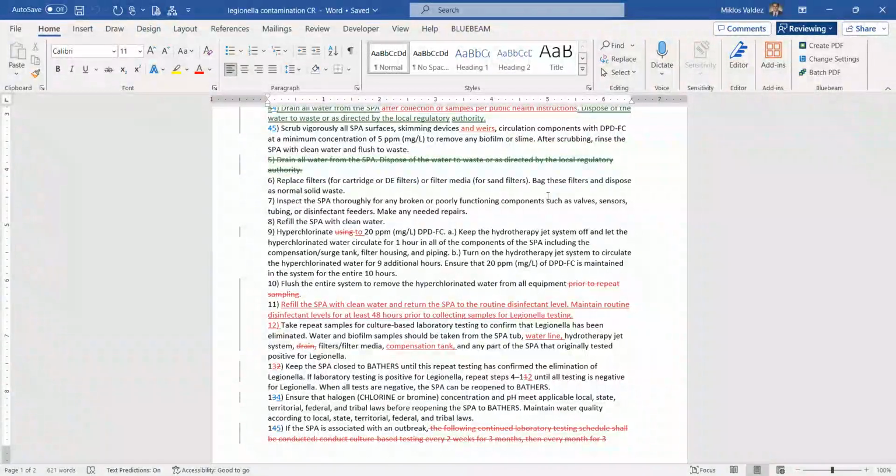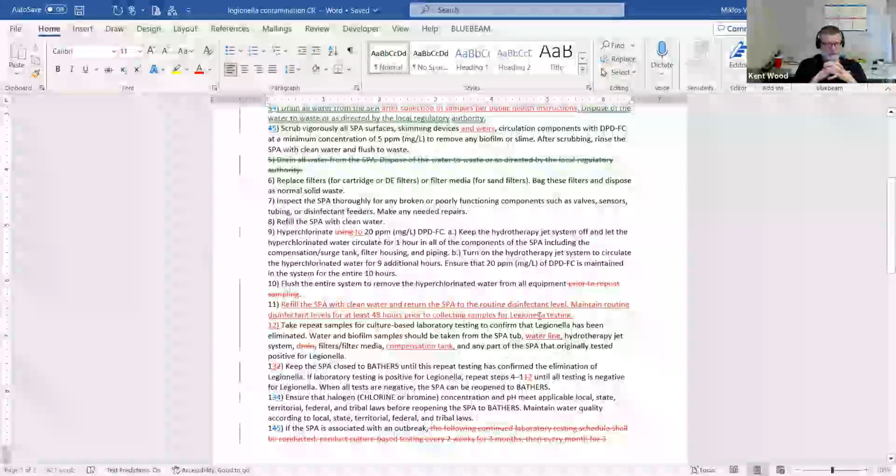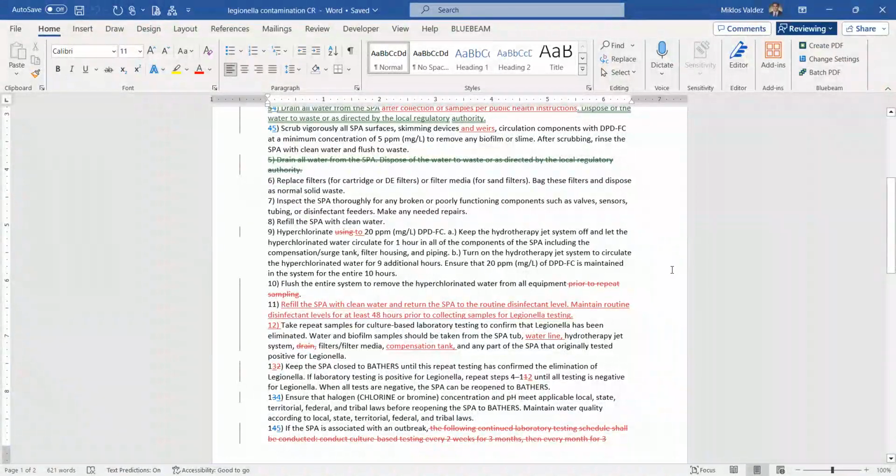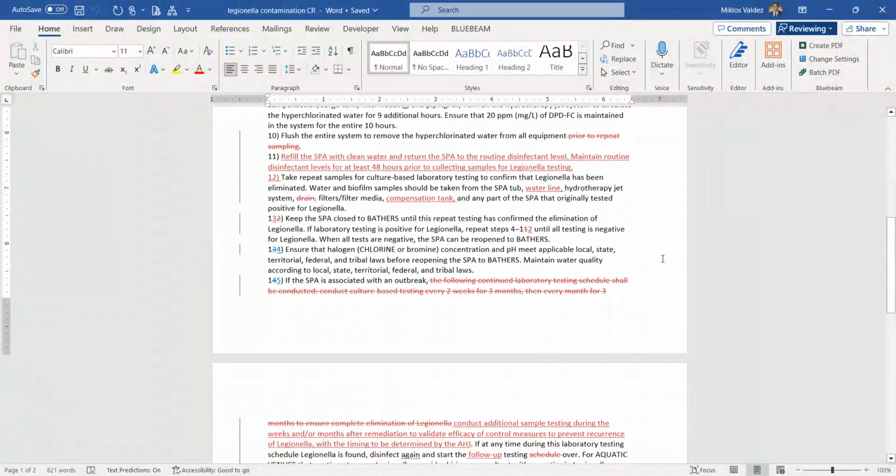And that's kind of good. And then of course, because of the addition of number 11, the numbers below get increased by 1. And then on number 12, it added another equipment compensation tank, and then more editorial.